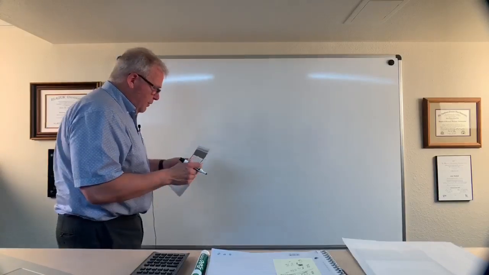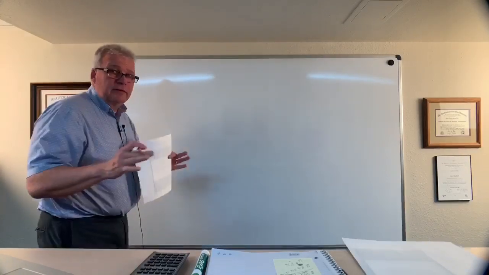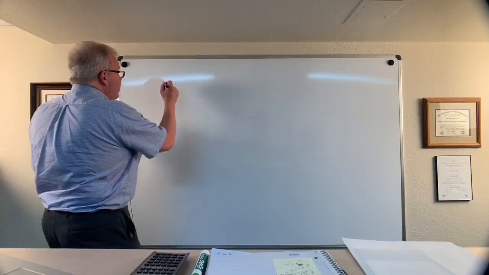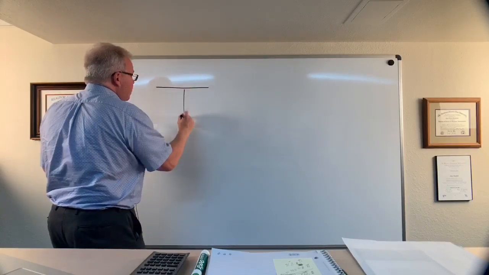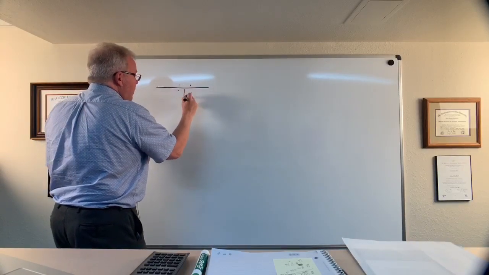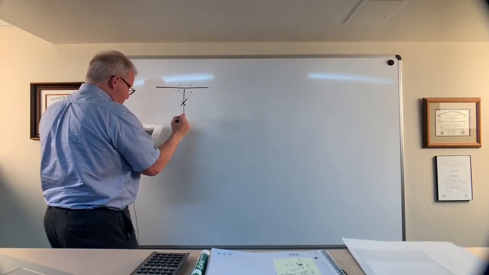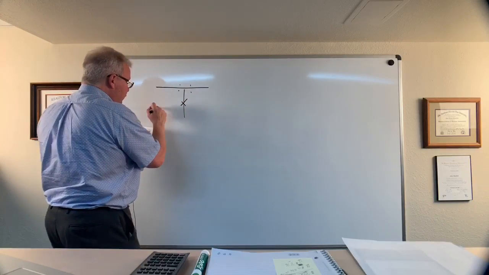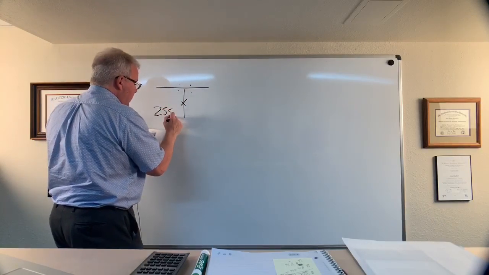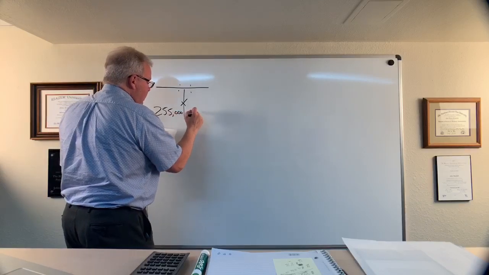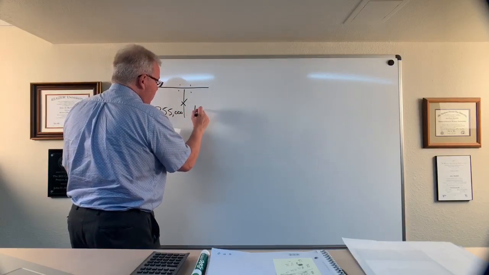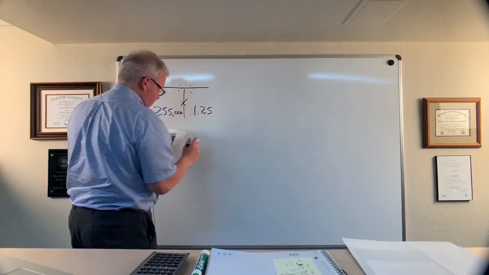So the first thing we have to do is apply this equalization factor. So I'm going to do a T problem. I always like to label this. We have 255,000 and this is 1.25, okay?